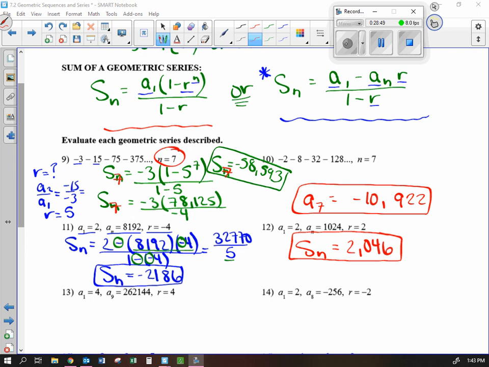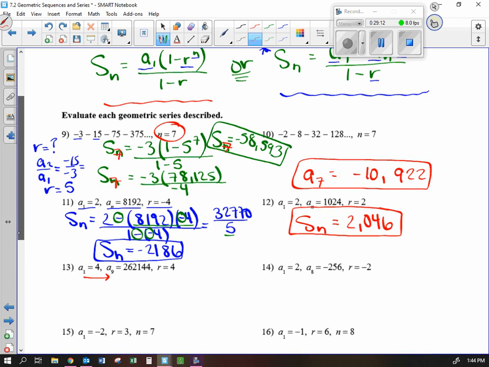Just by looking at those two formulas, we're not given a sub 9 in the formula, but down at 13, we have a sub 9 equals this big number. What we're going to do here is find the sum of this series of all the terms a sub 1 through a sub 9.